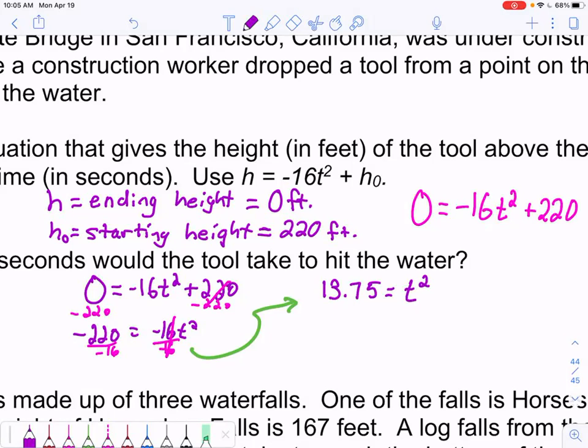Michael, how do we get rid of the t squared? By taking, yeah, you take the square root of both sides. And you're definitely going to need to do this in the calculator. When we get t, what do we get when you take the square root of 13.75?